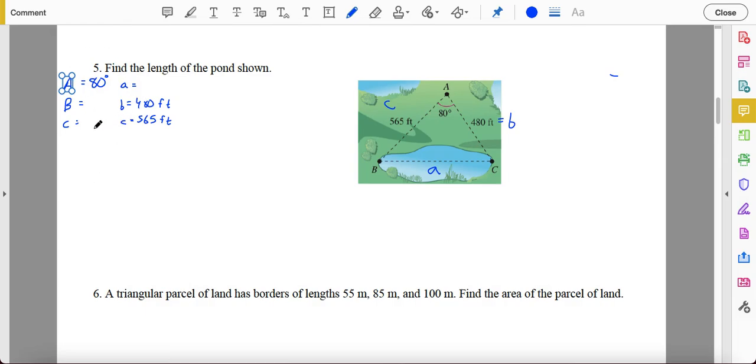Notice if we set it up like we always do with a chart, we don't have any complete sets of anything, so law of sines is out. So we have to use the law of cosines that includes this angle.